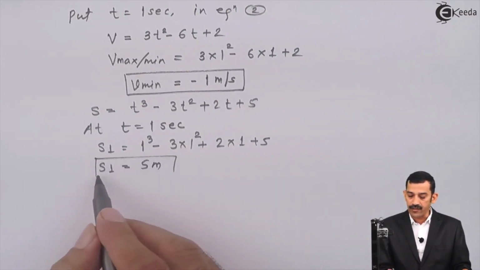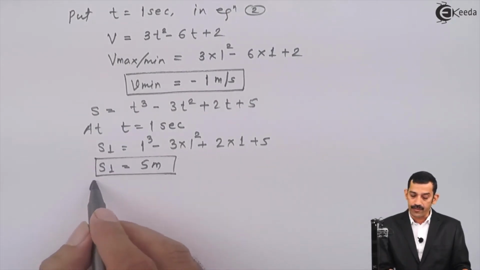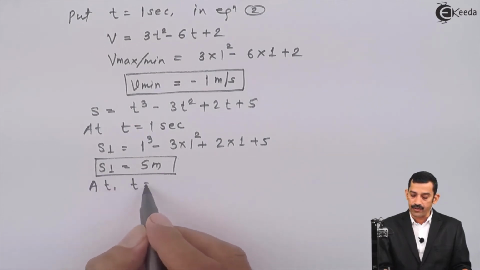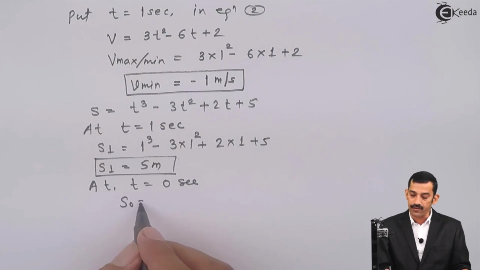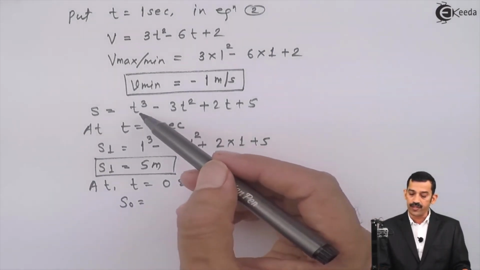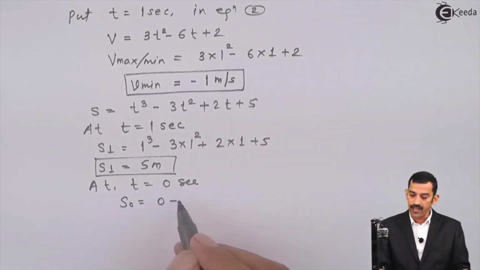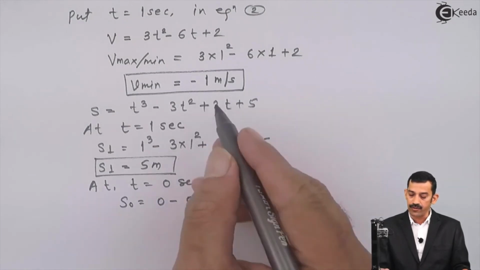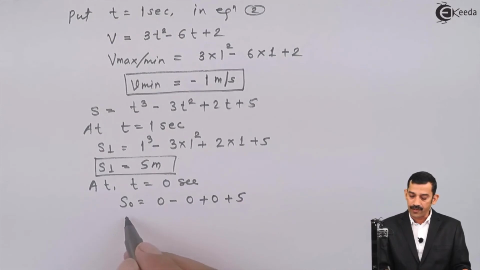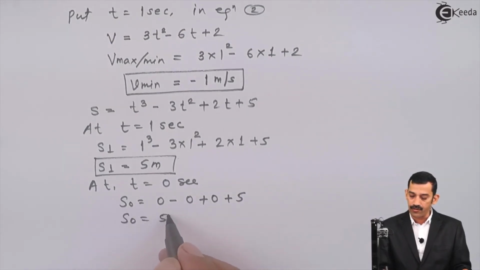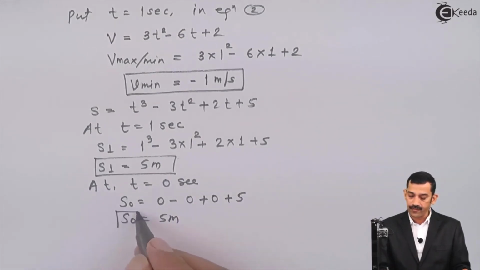Now at 0 second, we'll find the position again. At t equal to 0 second, we substitute in this equation for s0. See, t is 0, so this term becomes 0. Next, again t is 0, so this term is 0, plus again 0, and this constant term 5. That means s0 is also 5 meters.